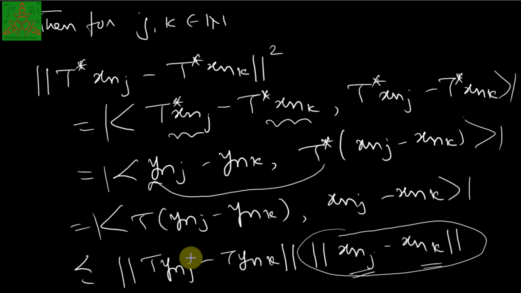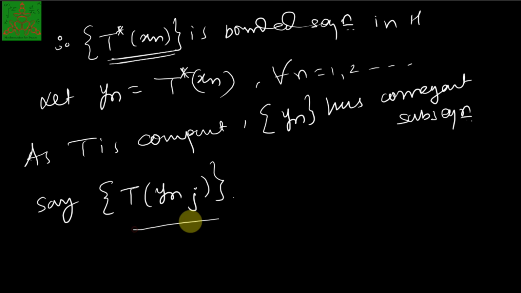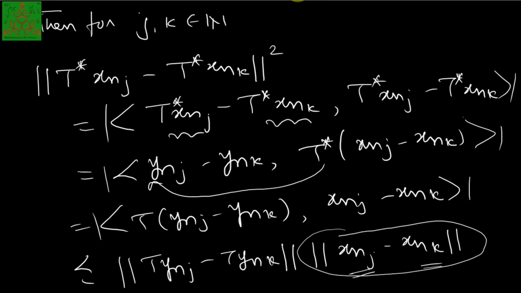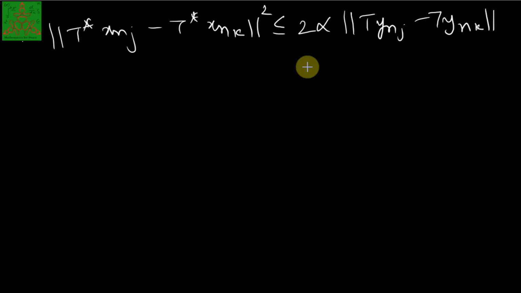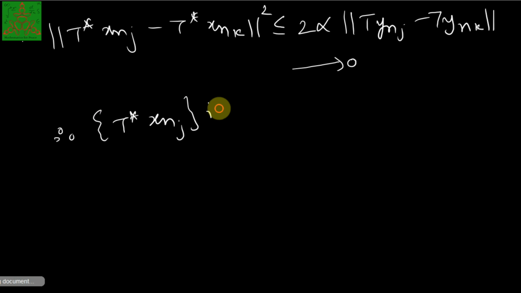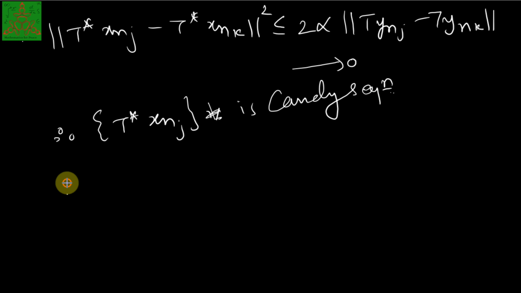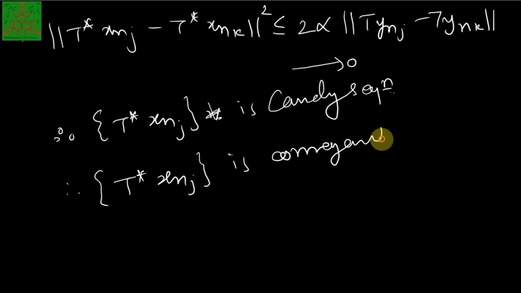But T y_nj minus T y_nk, as it is a convergent subsequence which we have, is also Cauchy, and since it is Cauchy, it tends to 0. I can say that T star x_nj is a Cauchy sequence. Hence, T star x_nj is a convergent sequence because H is a Hilbert space, a complete space.